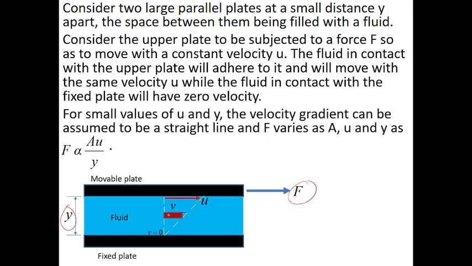Mag-apply tayo ng calculus. So, maglagay tayo ng horizontal strip at itong strip na yan, okay, has something to do with velocity. So, ibig sabihin niyan, ang velocity u natin, habang pailalim ng pailalim, bumabagal, hanggang maging zero.